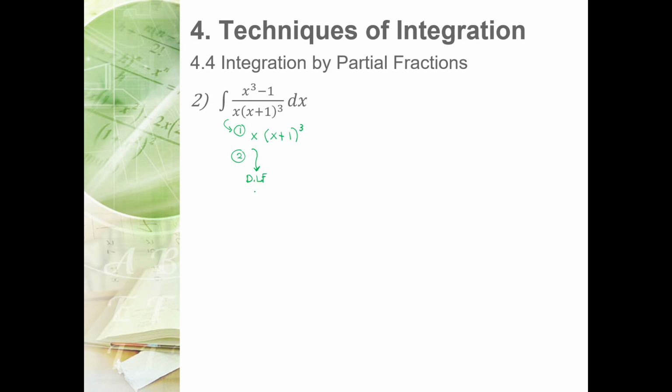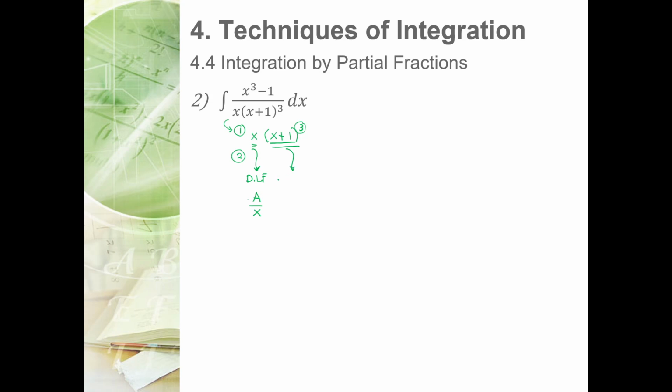So this gives us a all over x. The next term is a repeated linear factor because it's raised to the power of 3.